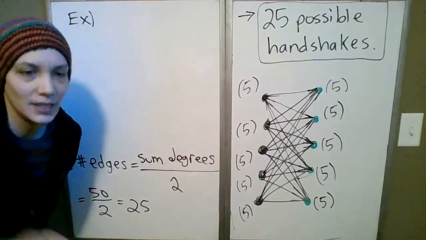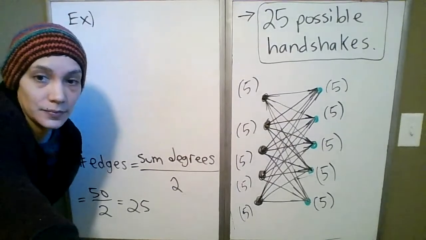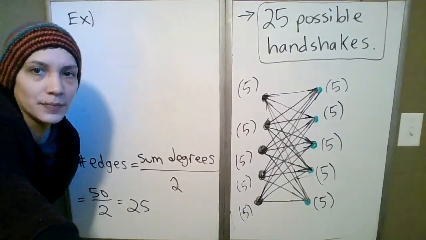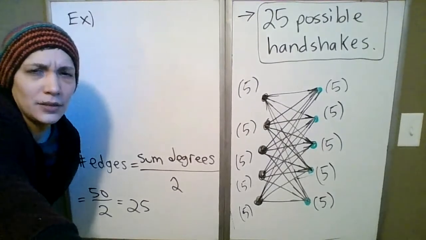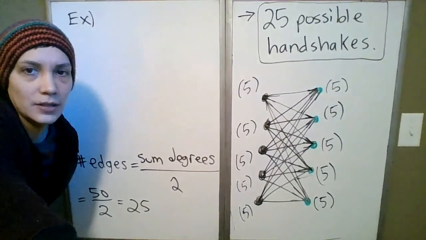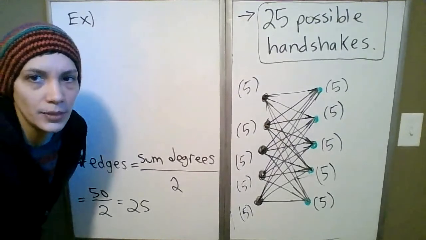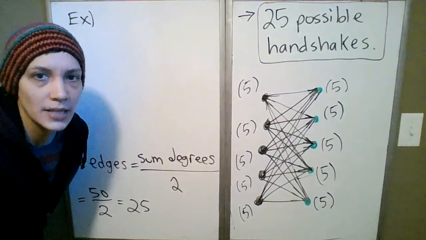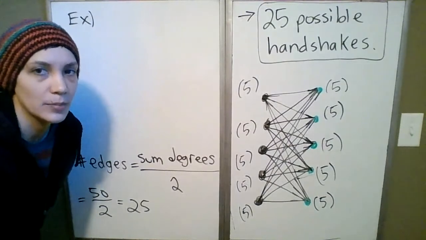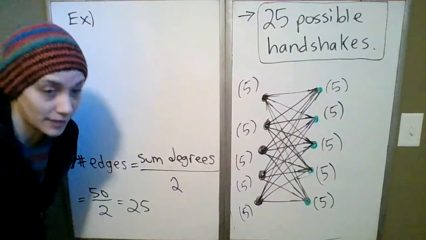Okay, next one: 5 people at a conference table, at a big circular table. Everyone gets up and shakes hands with everyone who did not sit next to them. And then find how many handshakes are possible. 5 people.